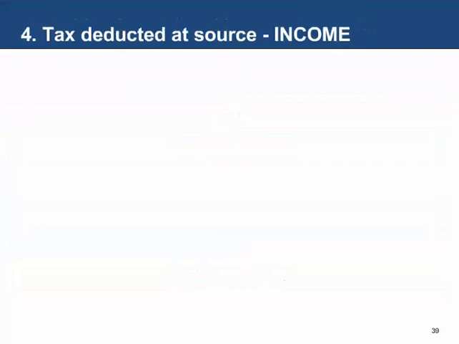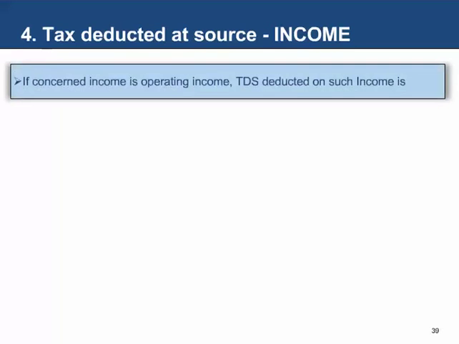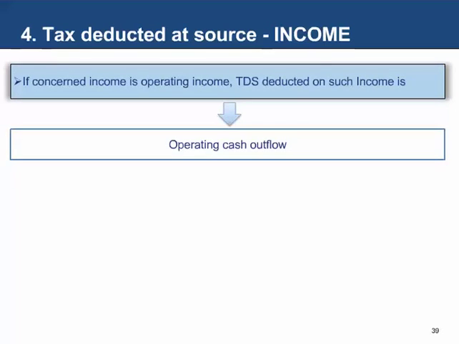So friends, in relation to taxes, if you remember, we discussed that generally tax payments would be classified as operating cash outflows. However, if they can be specifically identified to investing or financing activities, they would be classified accordingly. So here is an example: tax deducted at source on income. If the concerned income is operating income, TDS deducted on such income is operating cash flow.